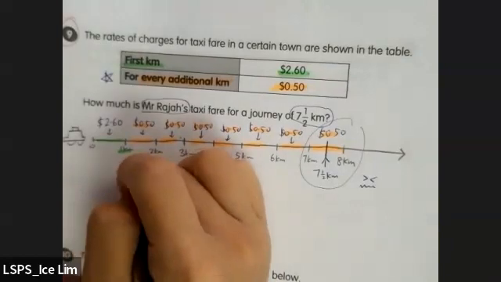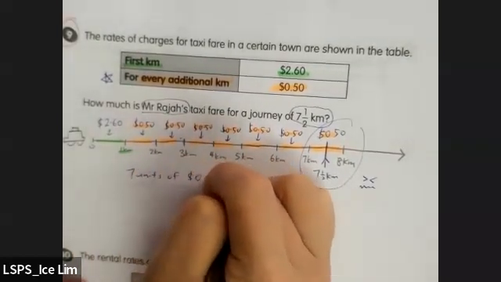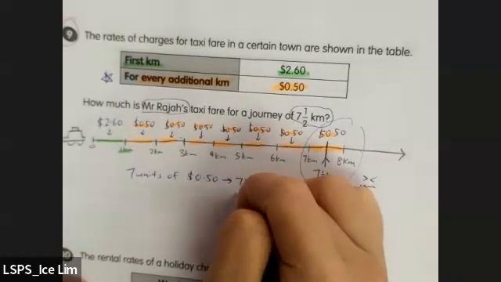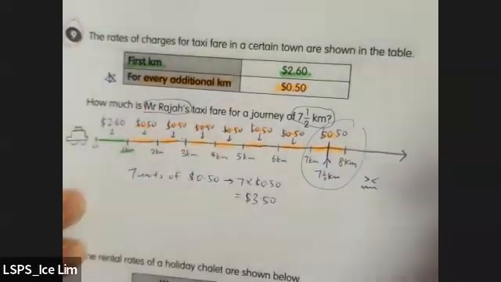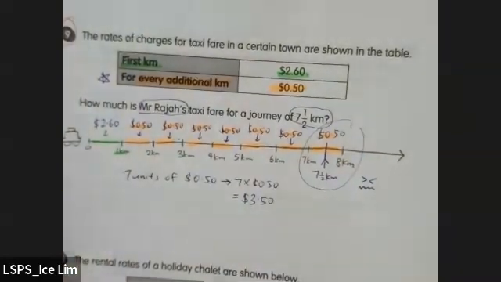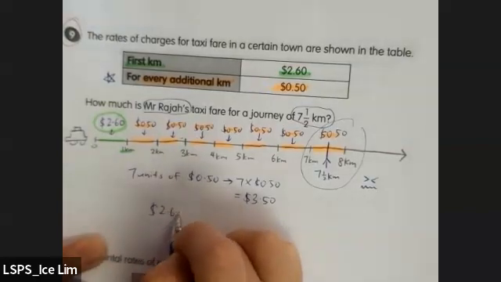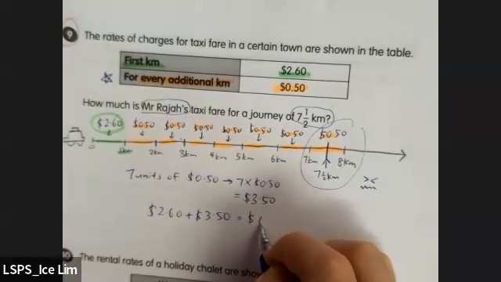I have 7 units of 50 cents. That gives me 7 times 50 cents, which is $3.50. Plus, don't forget to add the first kilometer, $2.60. So $2.60 plus $3.50 gives you $6.10.